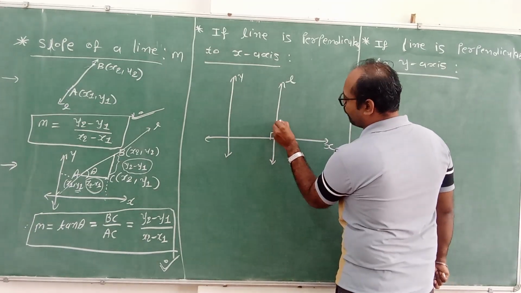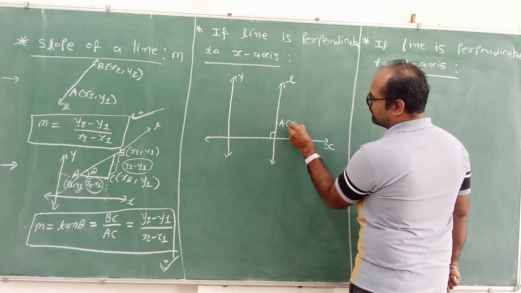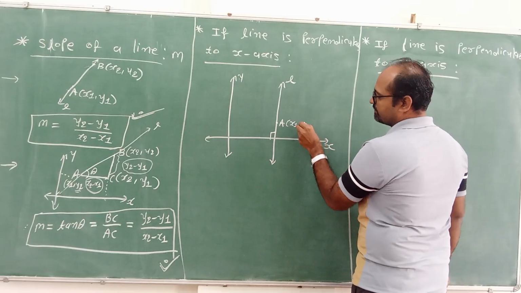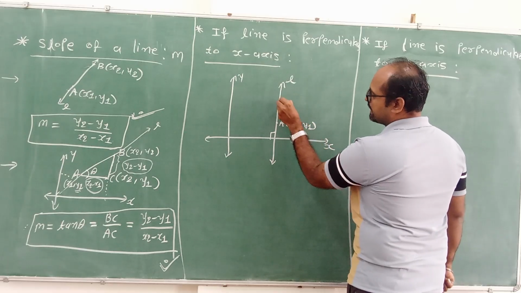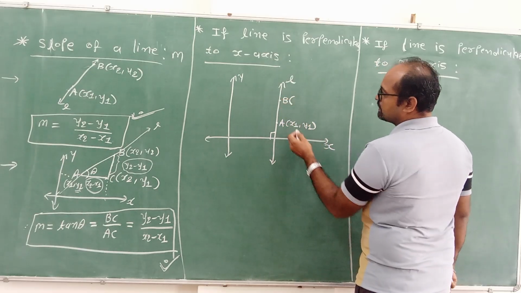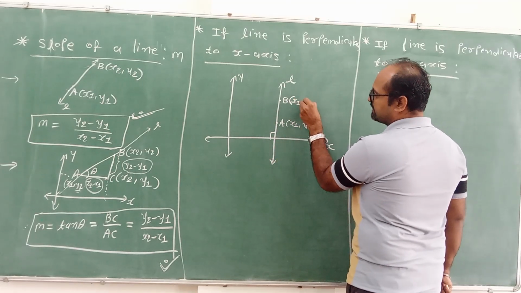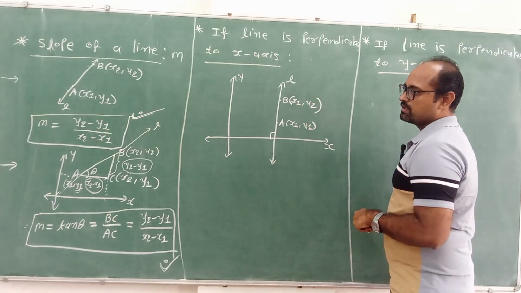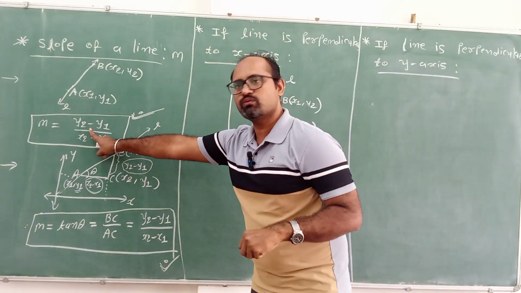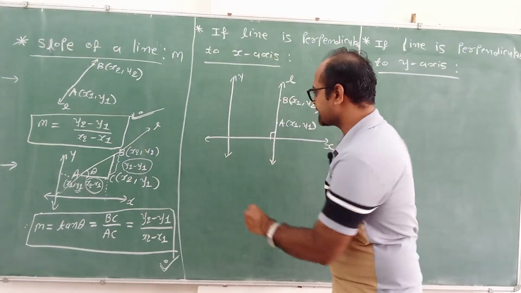Suppose here we have two points, A (x1, y1) and B (x1, y2), so the x components are the same. We have noticed that m equals (y2 minus y1) upon (x2 minus x1).